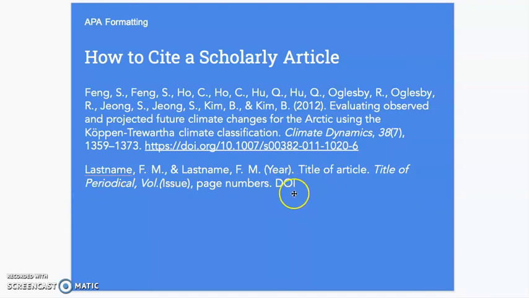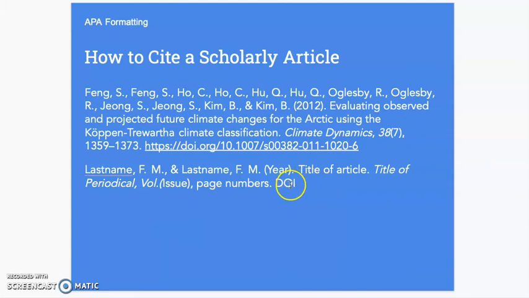It is not acceptable to just link the article and do that only. You should have APA formatted citations for any sort of source you have, but definitely for these credible scholarly article sources.